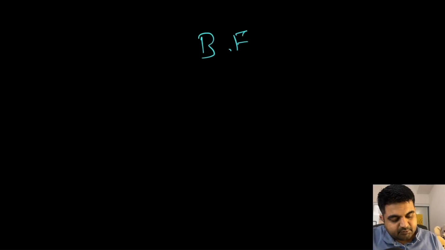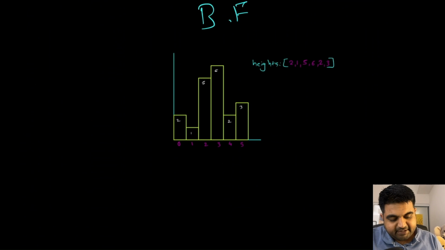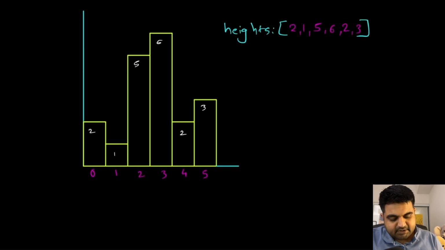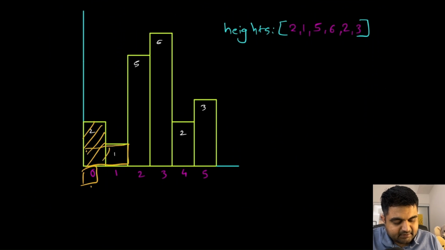So the brute force approach is actually quite straightforward and very simple. One thing we can do is take one single rectangle starting at position 0, and then see every single possible area we can make. So one area would be like this, second area would be like this, the third area would be something like this, fourth area would be something like this, and so on and so forth.